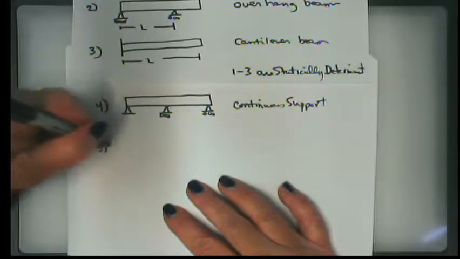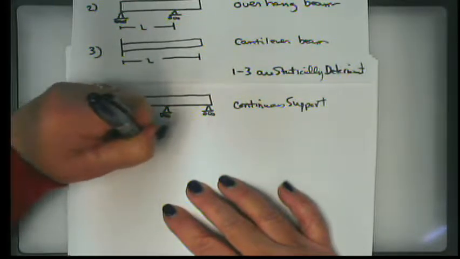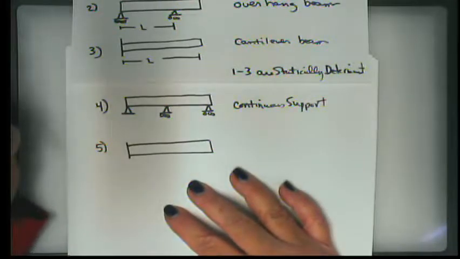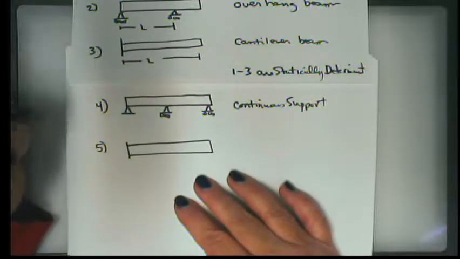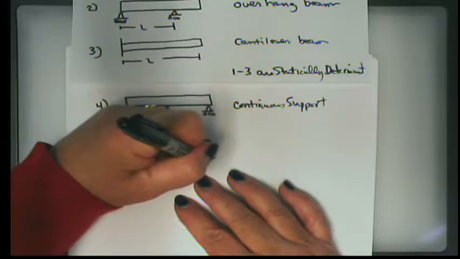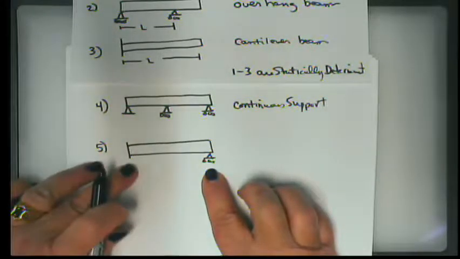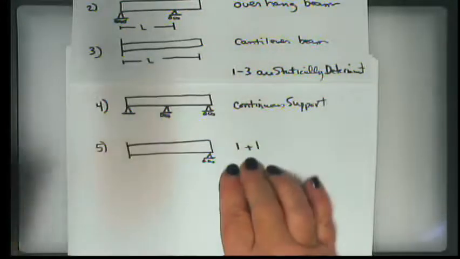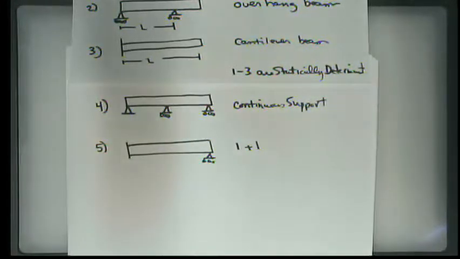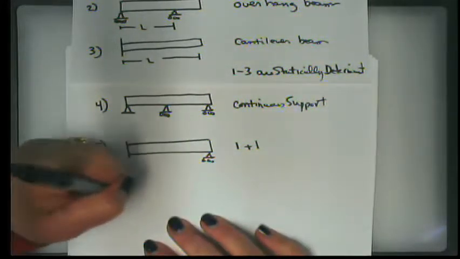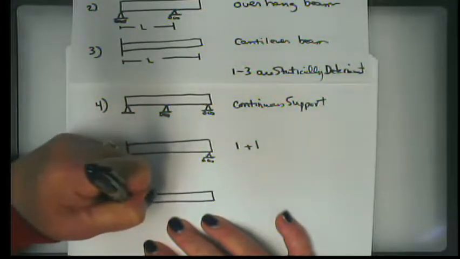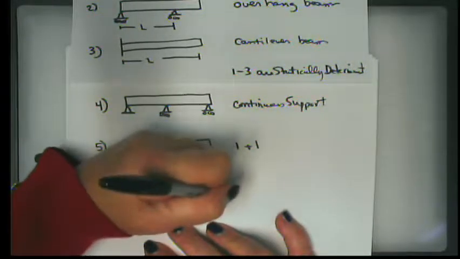Another is a beam that is simply supported at one end and fixed support at the other end. So we have a simple rolling support and a fixed support. I was going to call that a 1 plus 1. The real name is a beam fixed at one end and simply supported at the other. And the other is referred to as a fixed beam, which means that we have fixed supports at both ends.